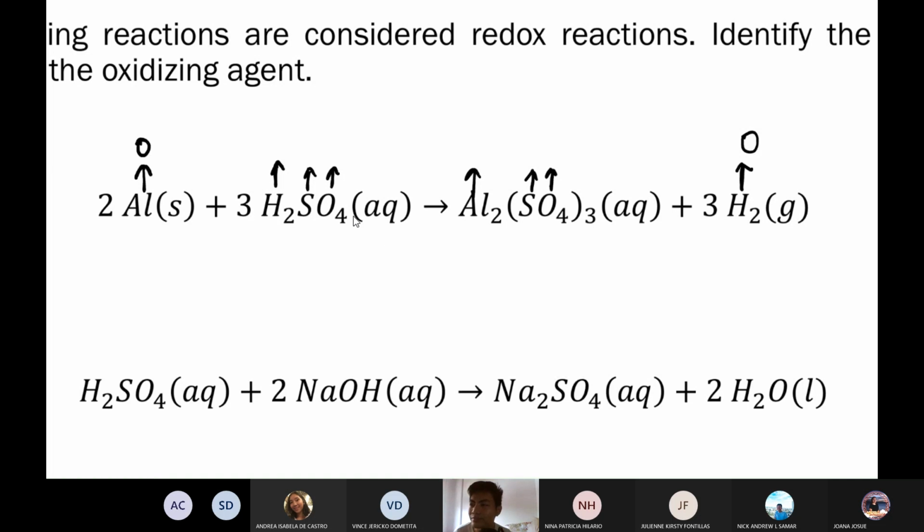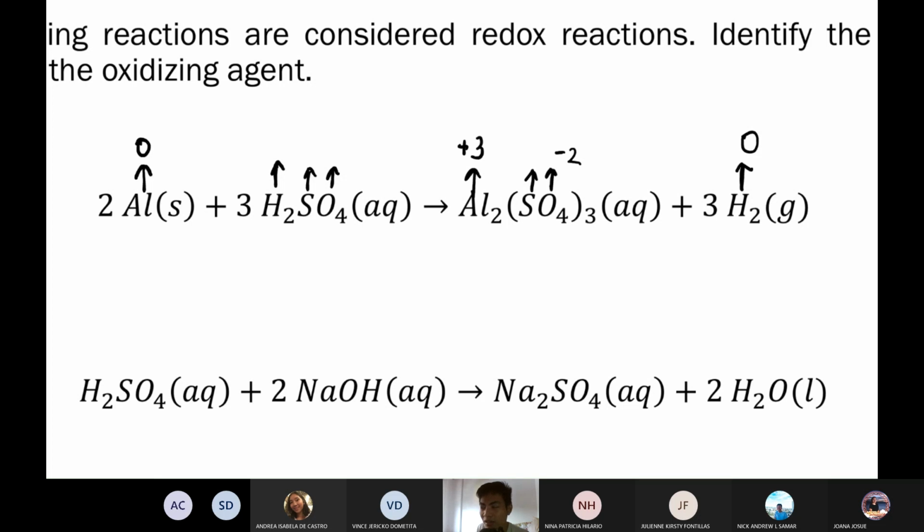So, ganito. The oxidation number of aluminum is 3, positive 3. Oxidation number of oxygen is negative 2. And then, for sulfur, kailangan ko ng calcu. Minimental ko na lang yung process, ha. Pero syempre, kailangan ko pa rin ng calcu. So, I will leave this to you, no, to practice.